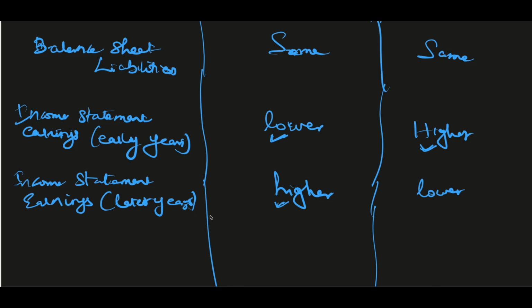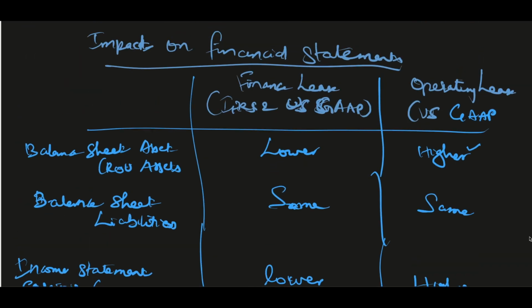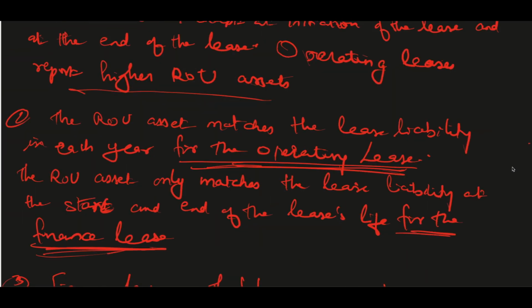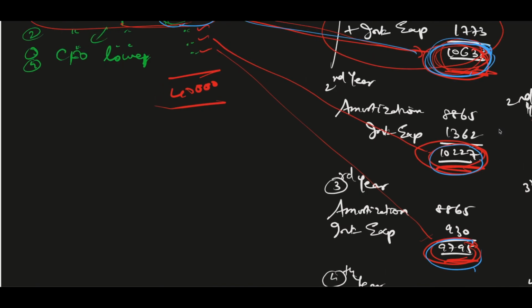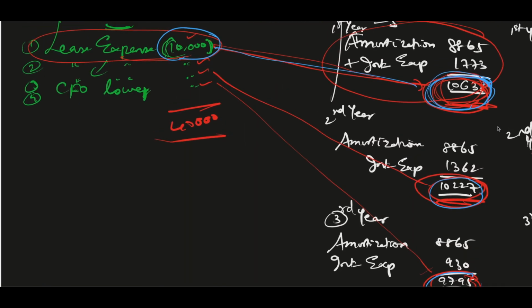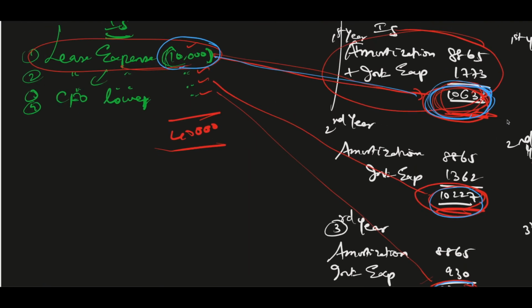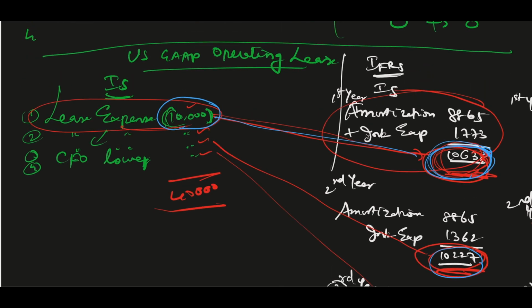Okay, similarly this one also, second one. Then EBIT, earnings before interest and tax, will be higher. Why it will be higher under finance is, because this is earnings before interest and tax, so the interest will not be considered.